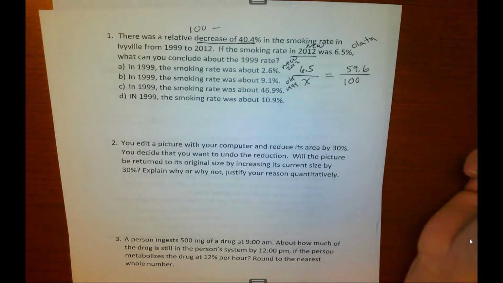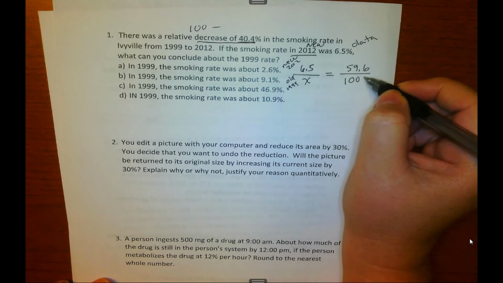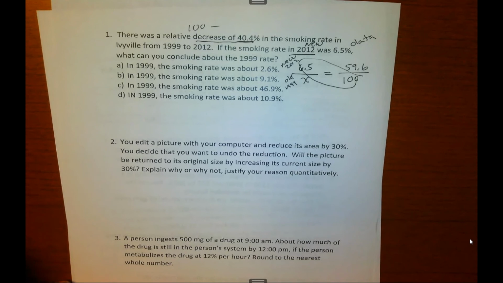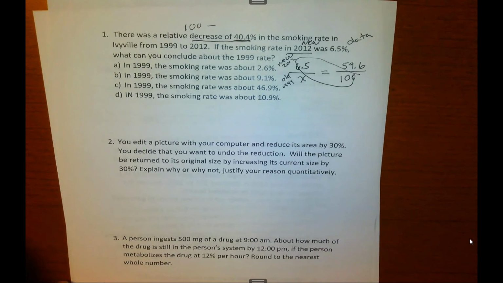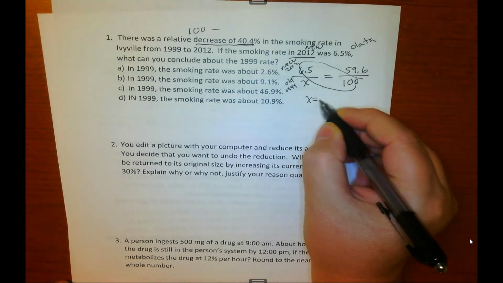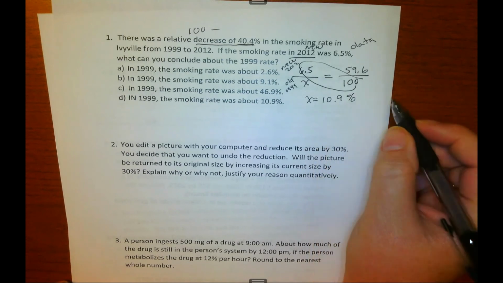This would be one that would be missed by a lot of people whenever you don't know the old or original amount. So 100 times 6.5 divided by 59.6, and we get X equals 10.9%.